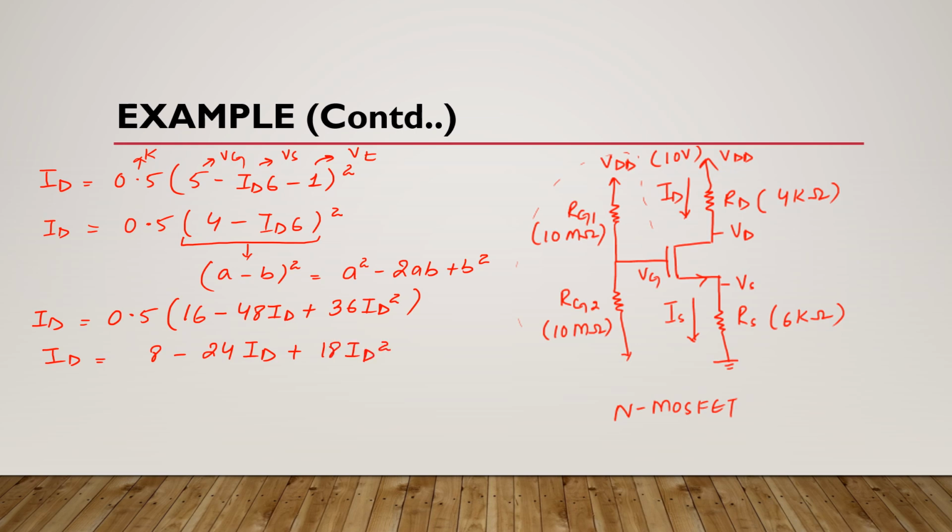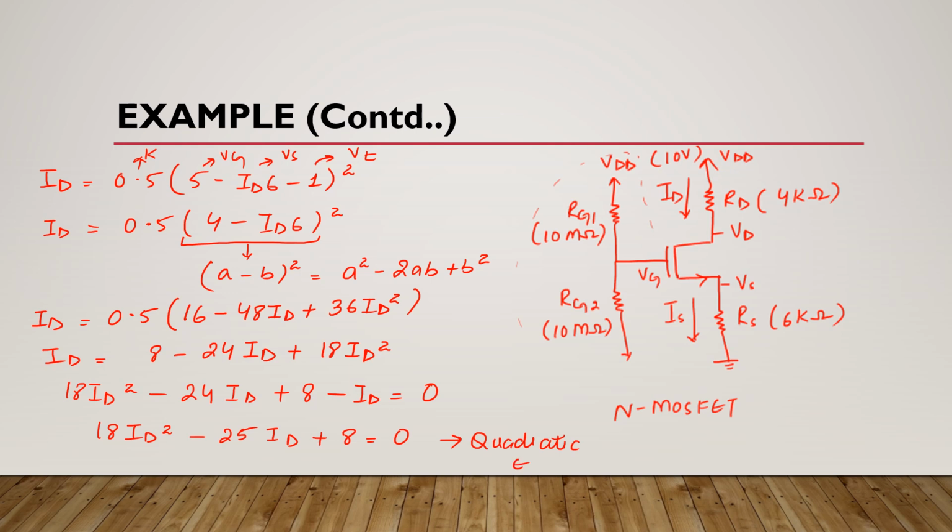Now we can rearrange this equation like this: 18 ID square minus 24 ID plus 8 minus ID is equal to 0. It means now we have 18 ID square minus 25 ID plus 8 is equal to 0. Now as you can see, this is a quadratic equation here.